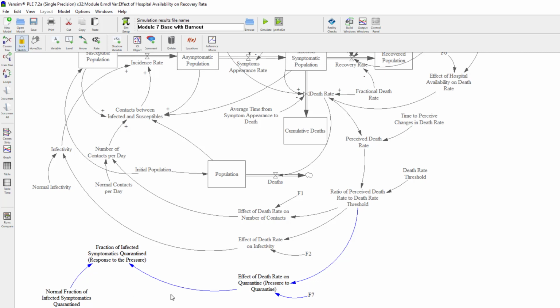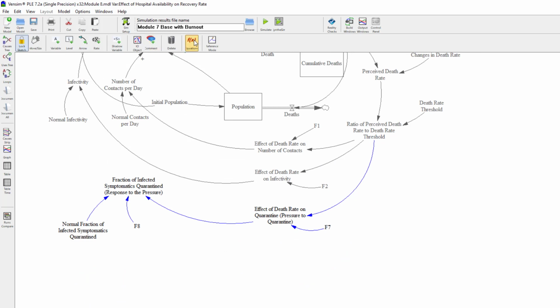And if the death rate goes really, really high, we might get a situation where these equations lead to the fraction of infected symptomatics quarantined being over 100%, which is not realistic. So in such an extreme situation, we want to make sure this fraction does not exceed what's realistic. We're going to use another lookup function to address that issue, and we're going to call that F8.